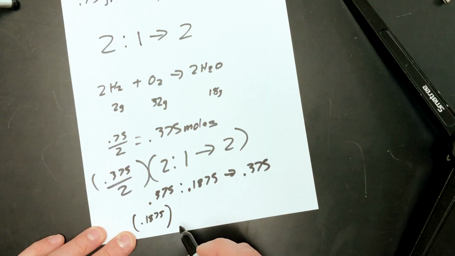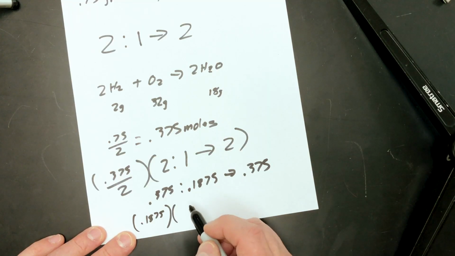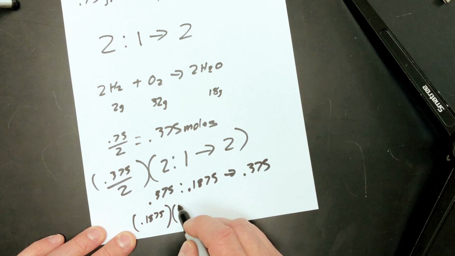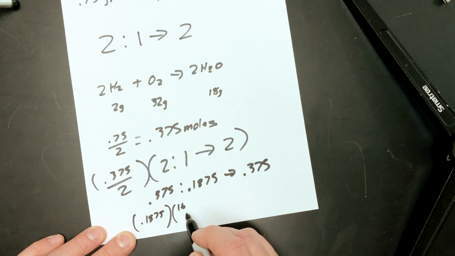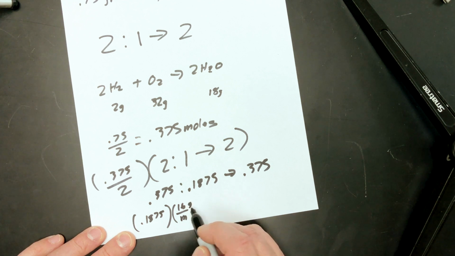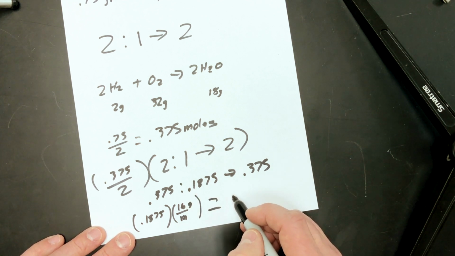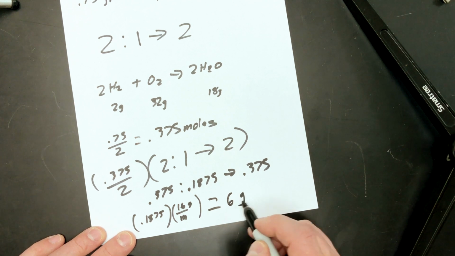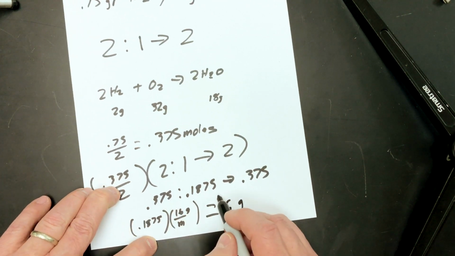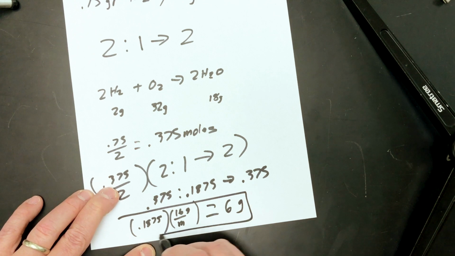So the way that looks is 0.1875 moles of oxygen times 32 grams per mole equals 6 grams. And there's my answer.